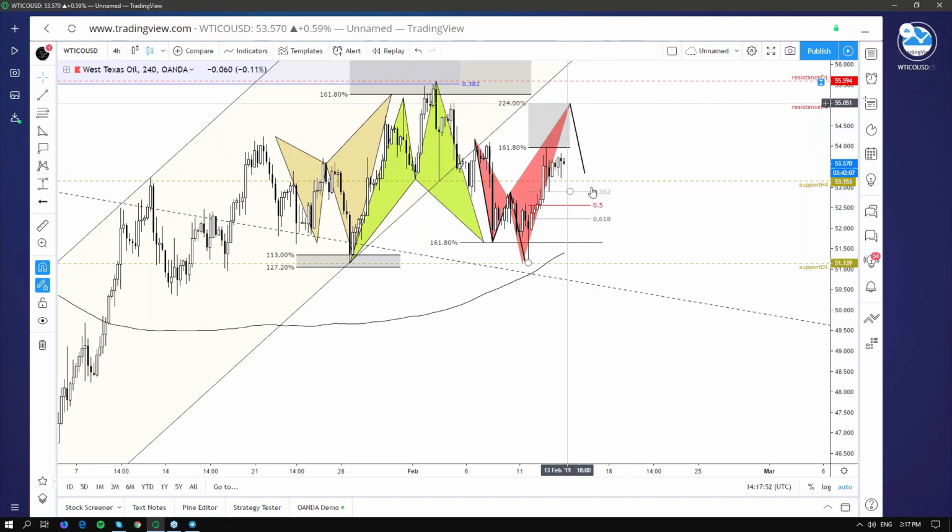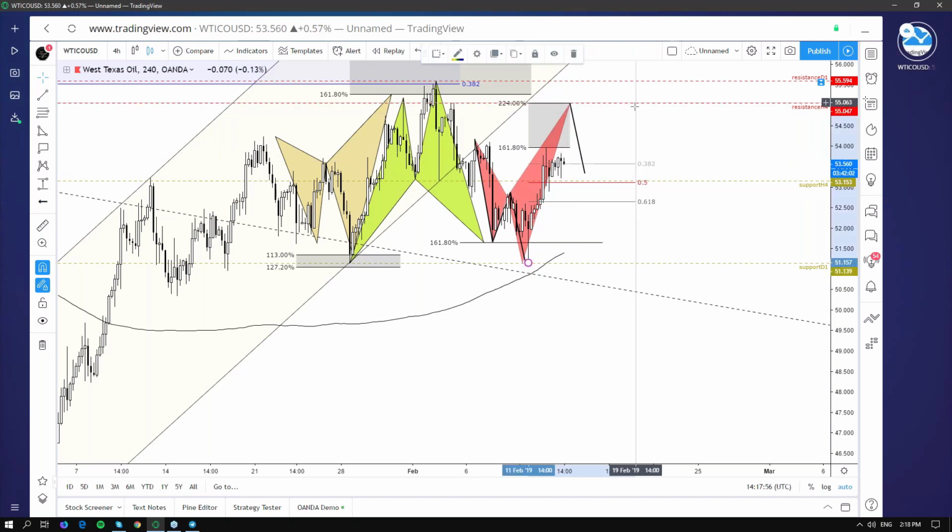From the 224 extension we expect, as always, a minimum of 38% retracement or a default target at 50% retracement. It's a default target for the shark pattern.